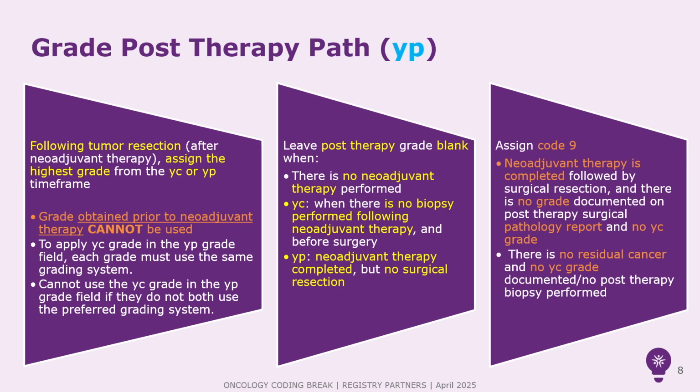We assign code 9 when the neoadjuvant therapy is completed, followed by the surgical resection, and there is no grade documented on the post-therapy clinical pathology report and no YC grade. Also, assign code 9 when there is no residual cancer and no YC grade documented or no post-therapy biopsy performed.